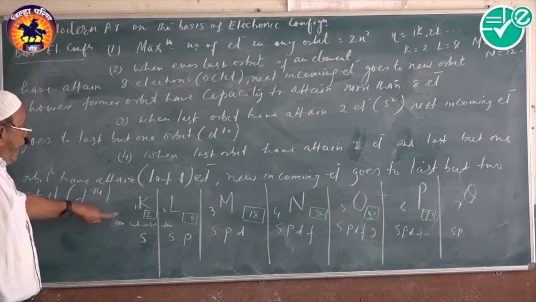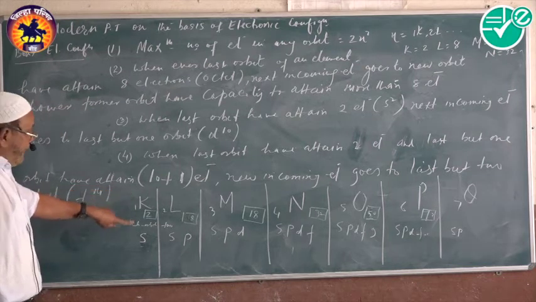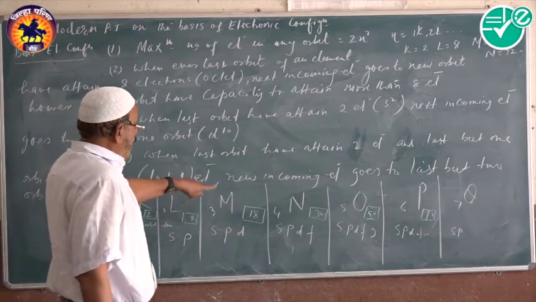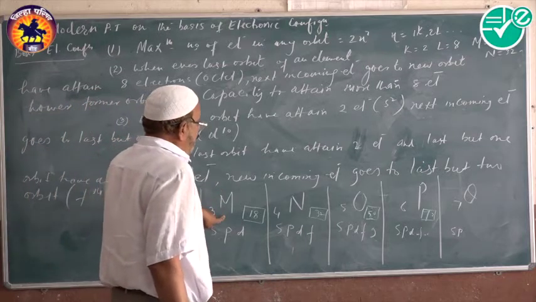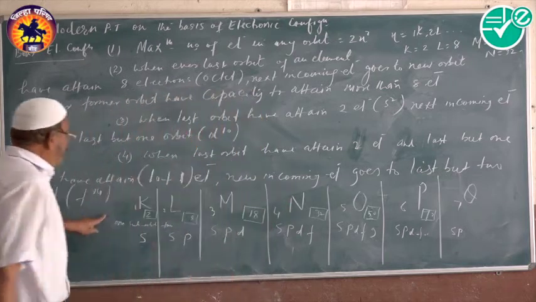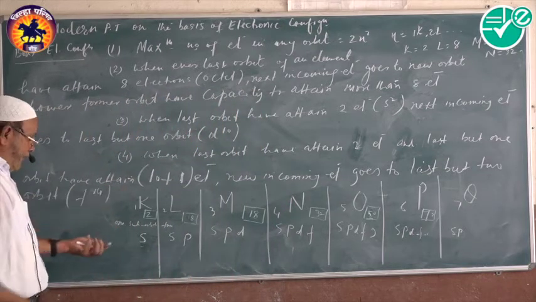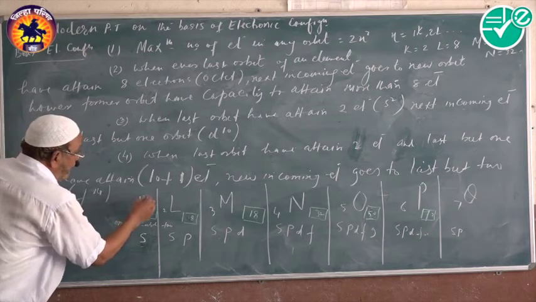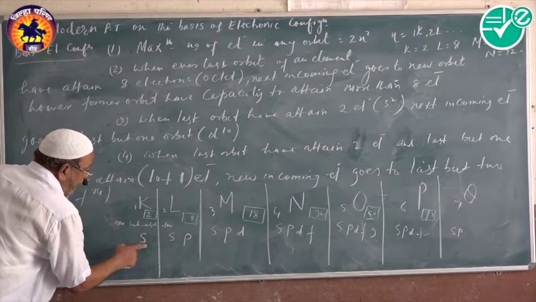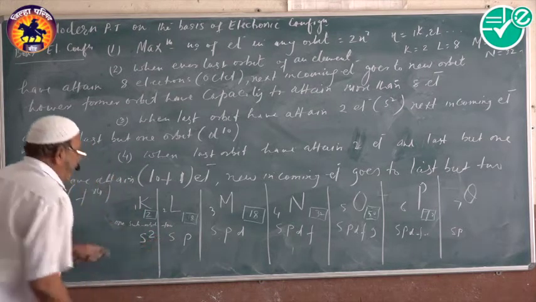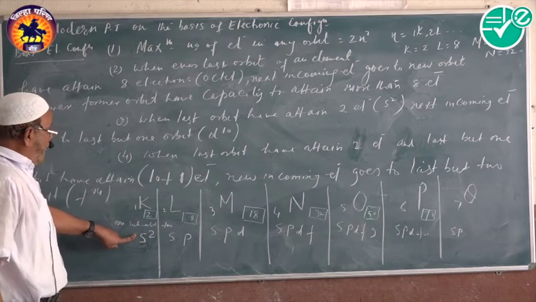Again remember, orbit number 1 has one suborbit, orbit number 2 has two suborbits, orbit number 3 has three suborbits, and 4 has four suborbits. Hence, according to this formula, orbit number 1, the K orbit, has only one suborbit, so its maximum number of electrons is 2.